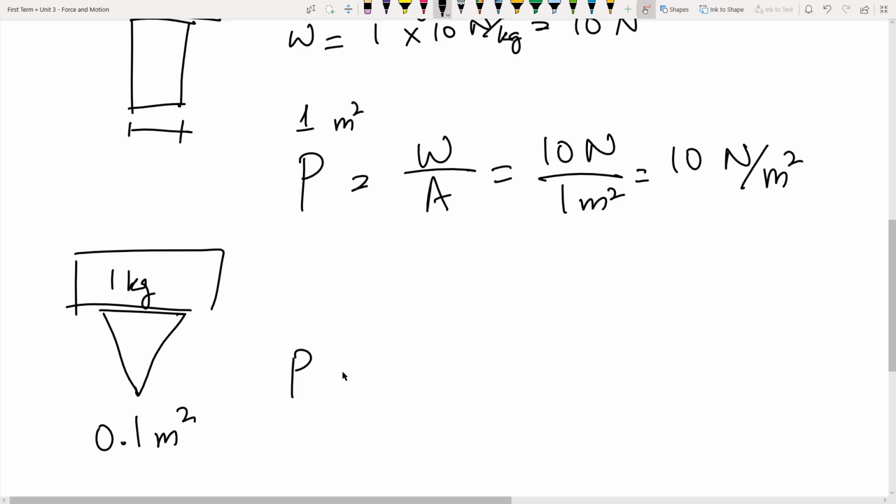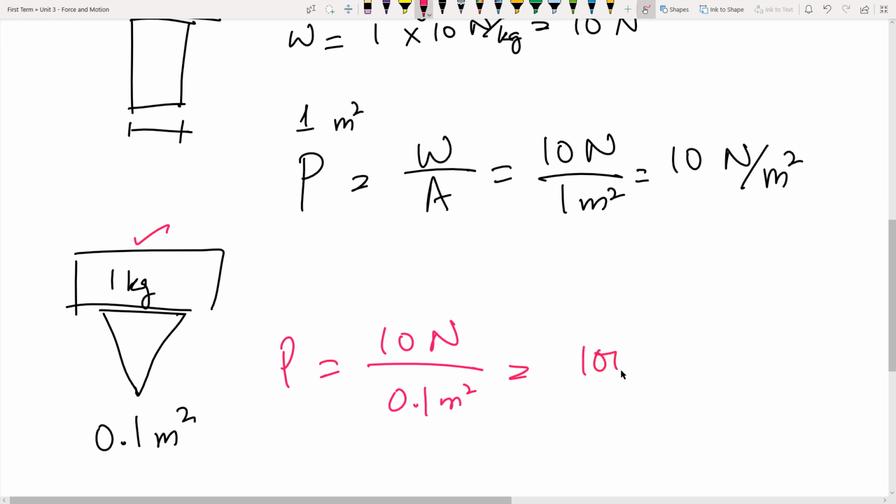In this case now, the pressure is going to be a bit different. The weight is the same, 10 newtons, which is the weight of this brick, but the area is now 0.1 meter square, and that would result in 100 newtons per meter square. That means the pressure has increased.